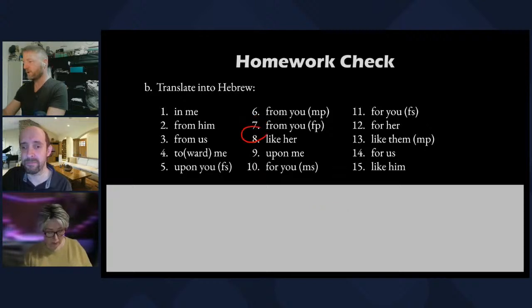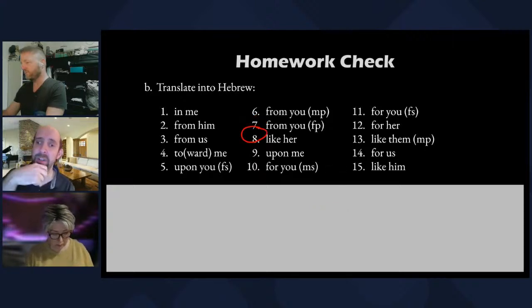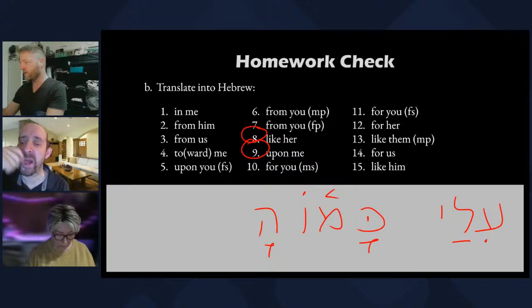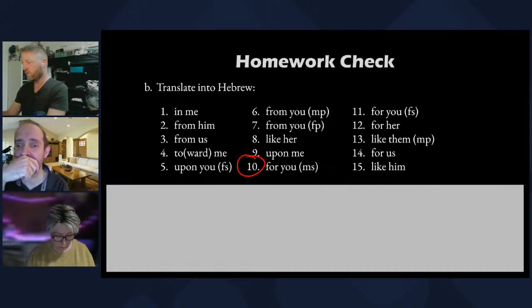All right, Jonathan, what do you get for like her? Kamoha. Come on. Like her. Upon me. Alai. Yep, you had Eli to me, and you have alai upon me. Great. For you, masculine singular.